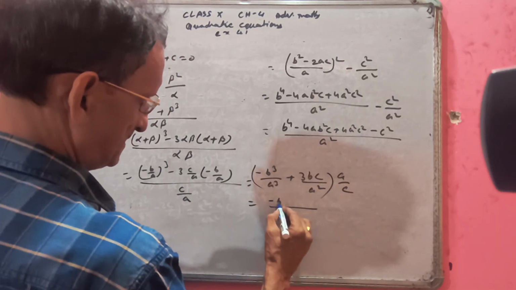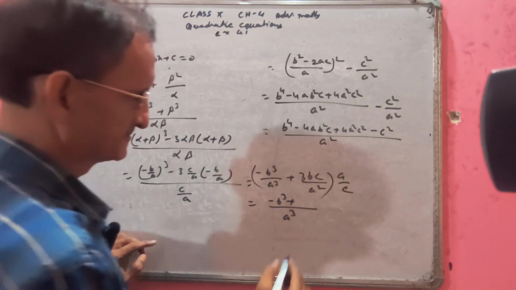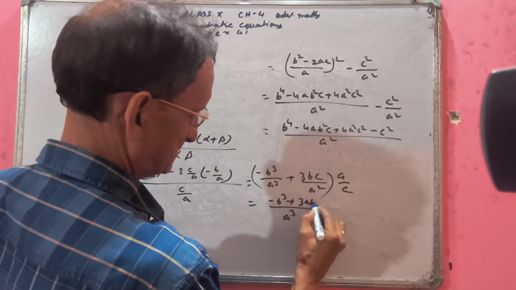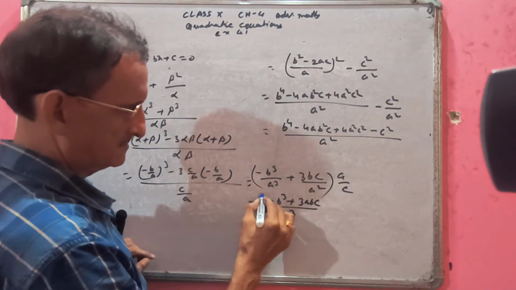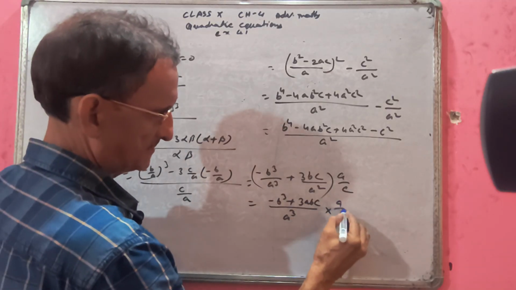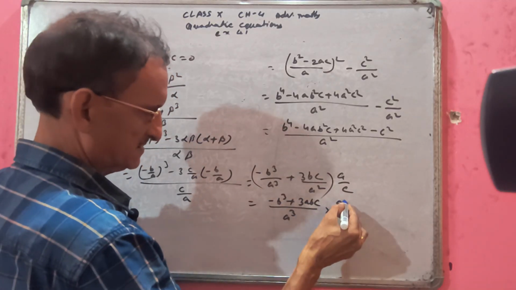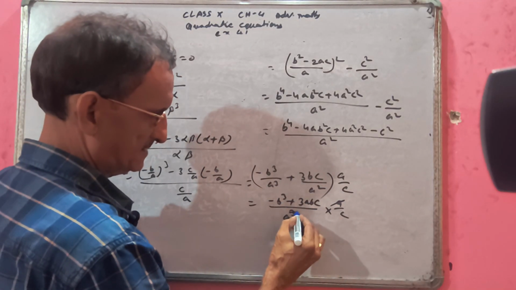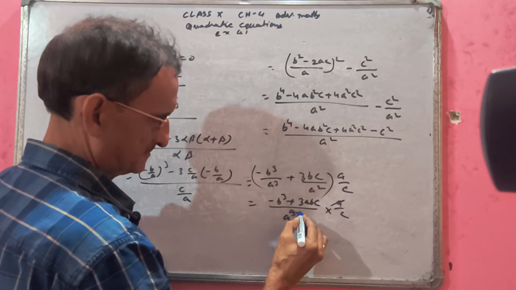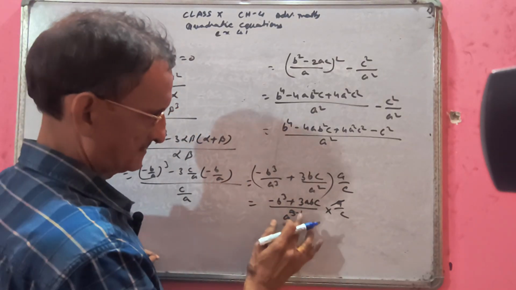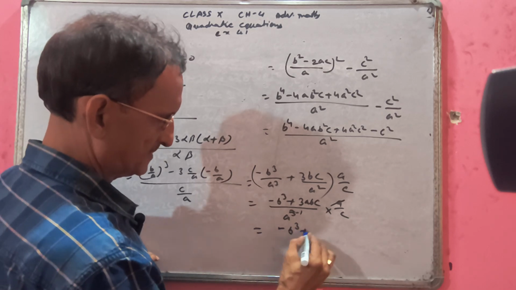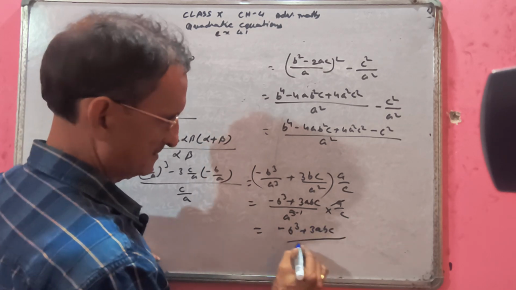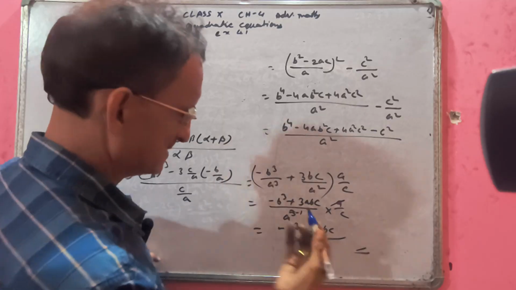What we will get here? Minus b cube plus 3abc, 3abc, see abc into a by c. So this a, so this is cancel, a square, it will become minus 1. Okay, so what is minus b cube plus 3abc by ac? This can be answered.